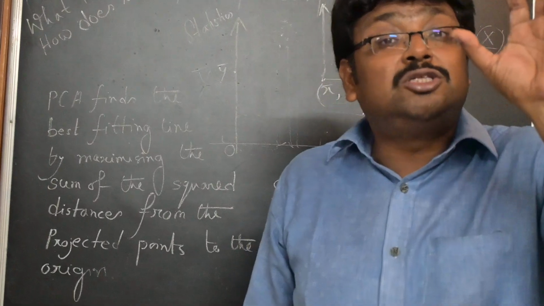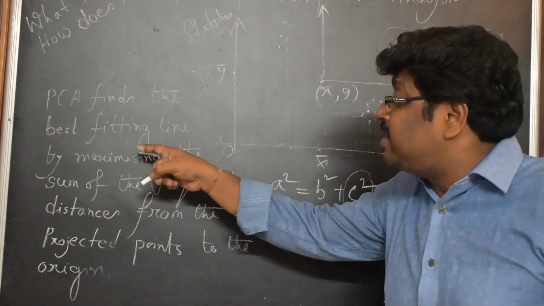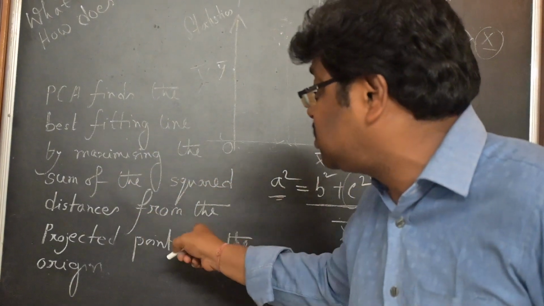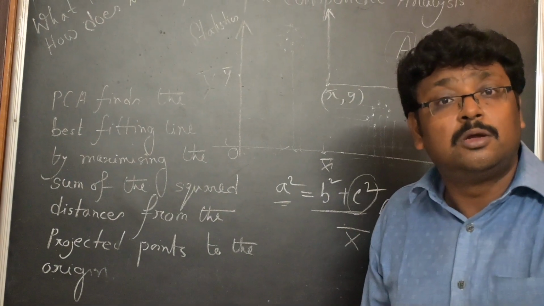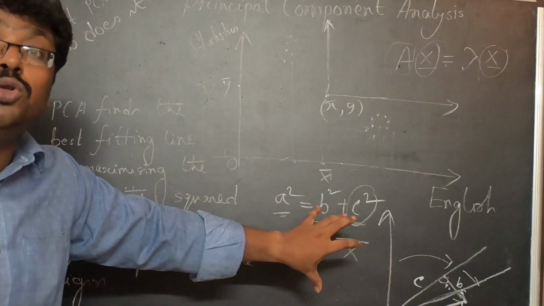So we have understood that principal component analysis finds the best fitting line by maximizing the sum of the squared distances from the projected points to the origin.